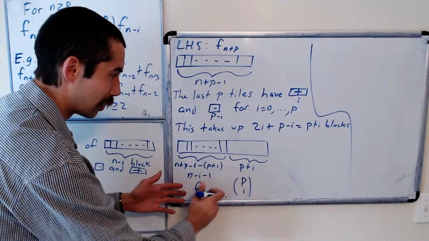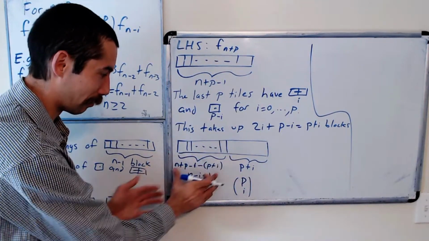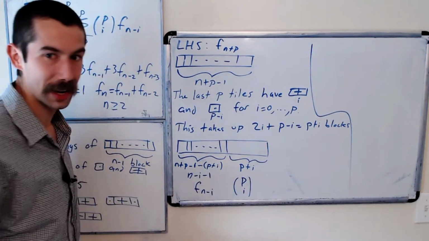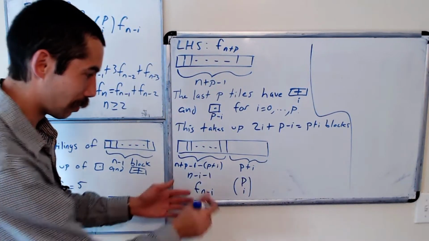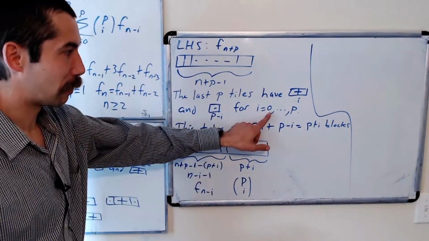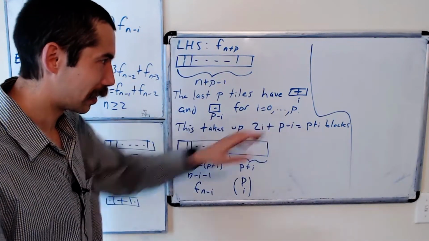Okay, and these are independent of each other, since there's no overlap in the first n minus i minus 1 blocks and the final p plus i blocks. So the total is the product. And i could vary from 0 to p. Again, there's no overlap here.